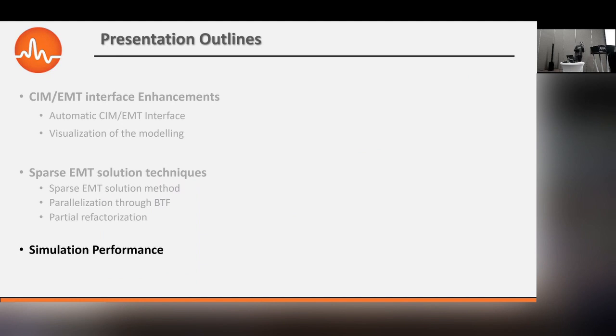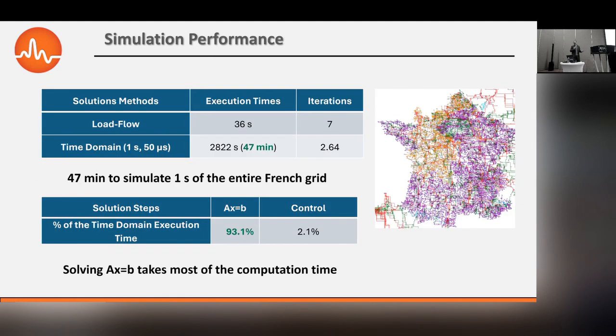So now we want to know what is going on when we run a simulation in EMTP. Here is the modeling we have in EMTP, and here I present the performance we have in the actual version of EMTP.